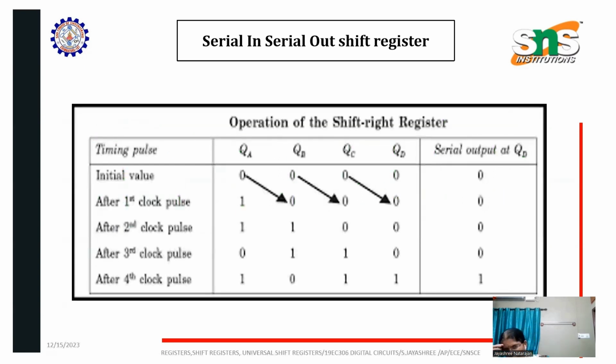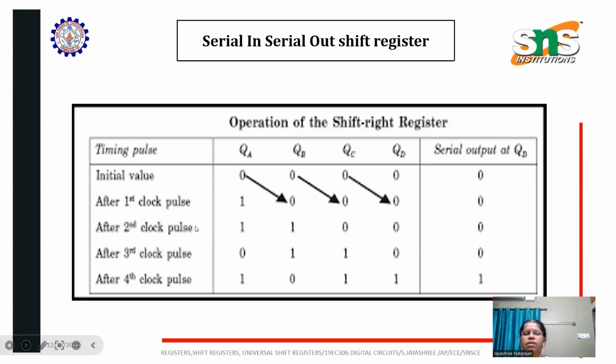Look at this picture. Initial values are 0, 0, 0, 0, the outputs of all 4 flip-flops, so the output from the fourth flip-flop is also 0. After one clock pulse, the data 1 enters the first flip-flop, whereas the data from QA shifts to QB, QB to QC, QC to QD.